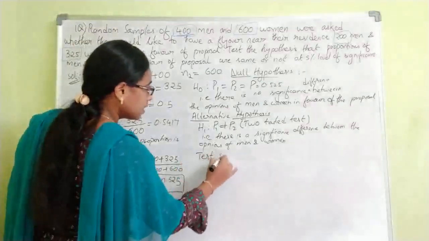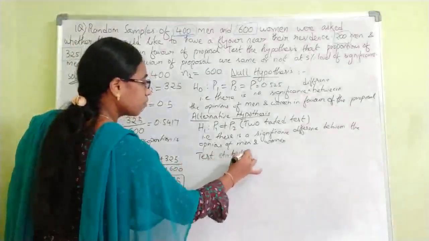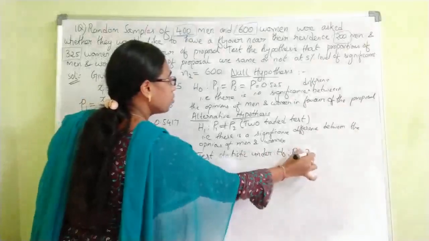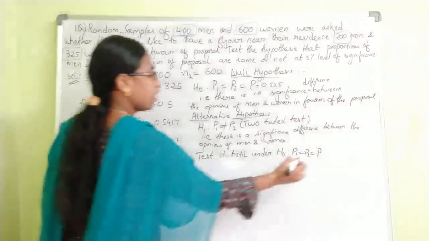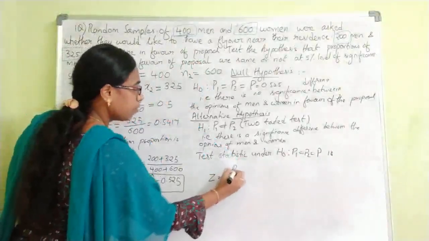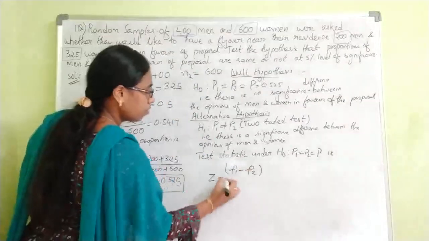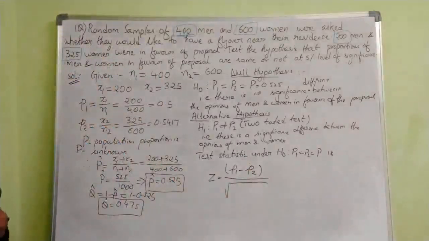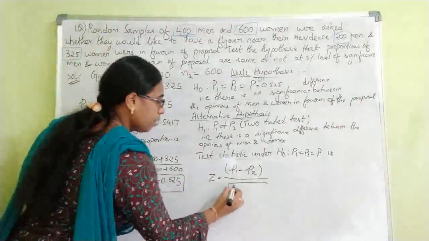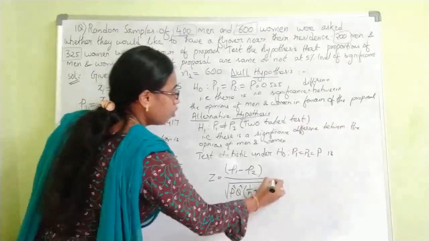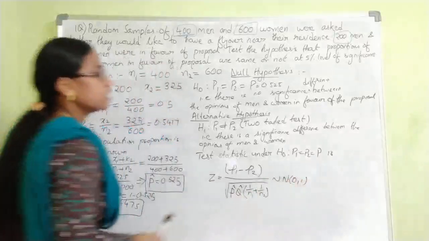The test statistic under H naught, where P1 equals P2 equals P, is Z equals P1 minus P2 by square root of, here P is unknown, so we write P hat Q hat into 1 by N1 plus 1 by N2, which follows the normal distribution with 0, 1.